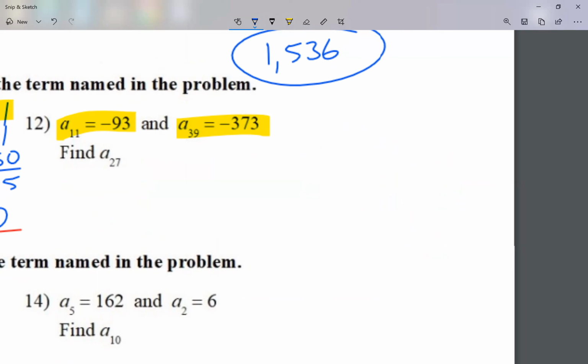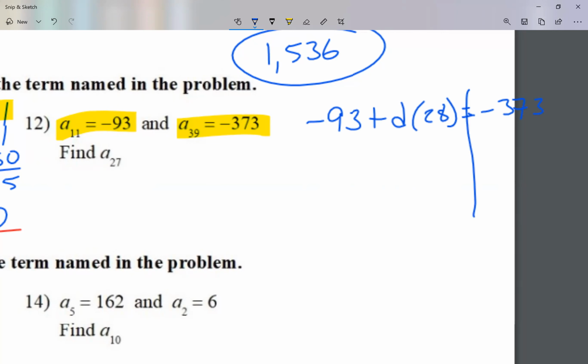And I want to say, well, I start with a negative 93. I'm going to add the difference. Okay, so from 11 to 39, that is 28 times. Remember, I just subtracted 39 minus 11. That's how I got the 28. So negative 93 plus the 28 times gives me a negative 373.